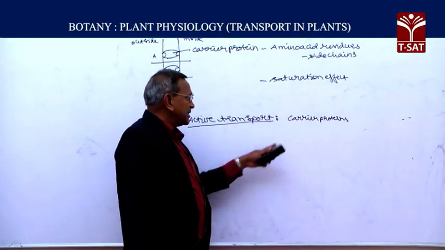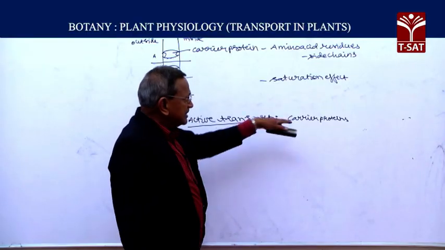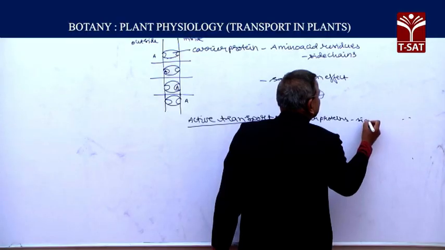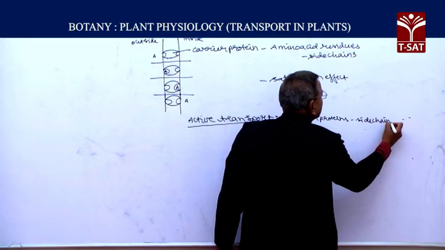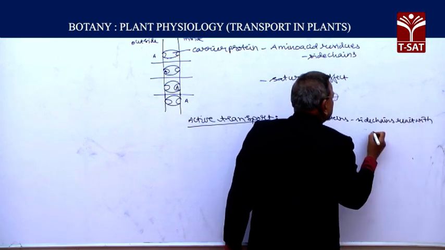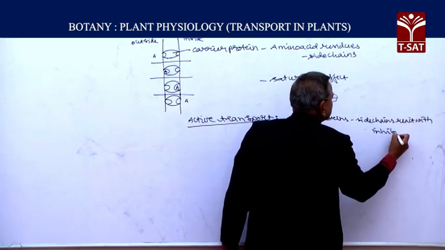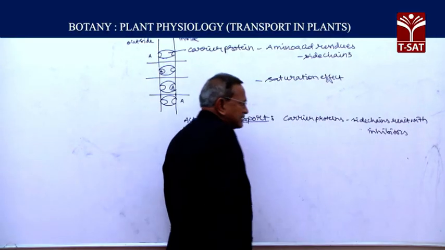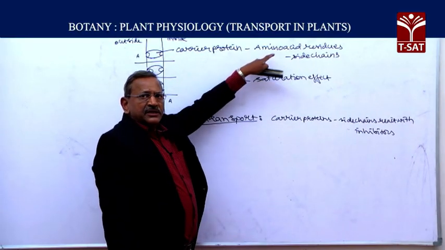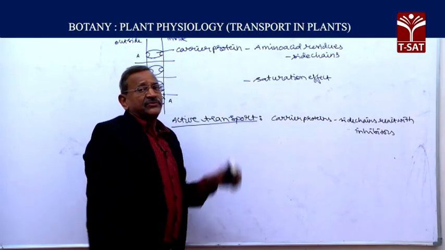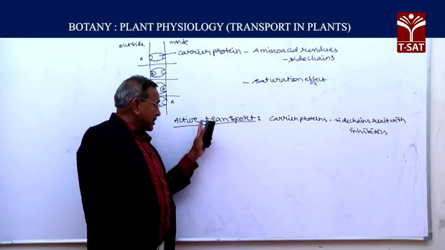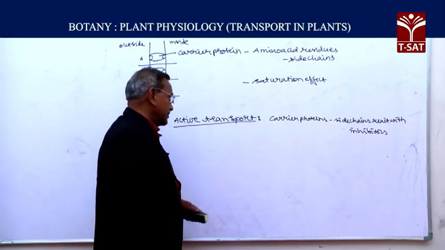Both are made up of amino acid residues, and once these are made up of amino acid residues, their side chains can react with the inhibitors. So here also inhibitors can inhibit the process of active transport.